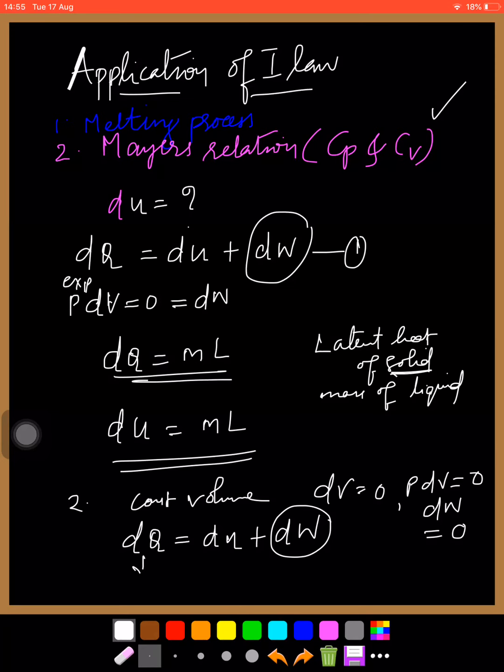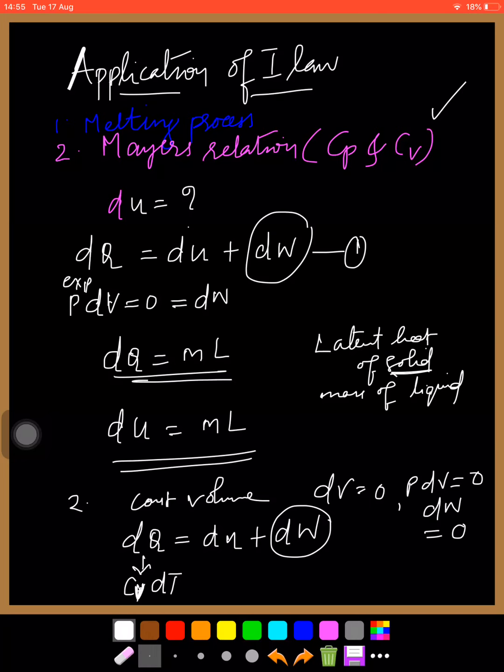And in the case of heating at constant volume, dQ is Cv dT, because Cv is the heat required to produce unit increase of temperature, or the increase of temperature by 1 degree Celsius or 1 Kelvin.